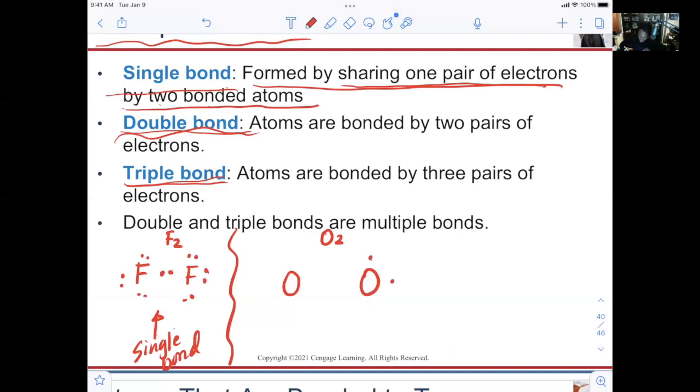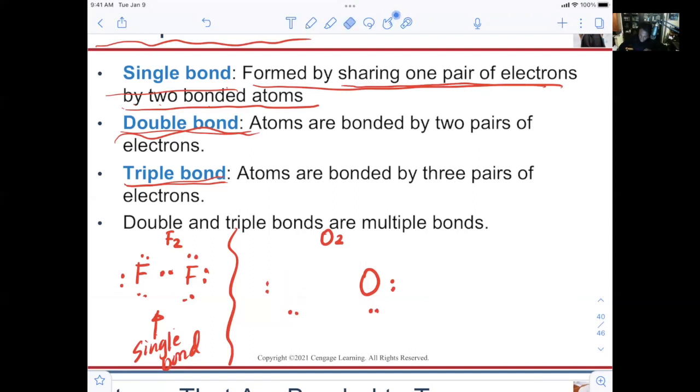Each oxygen comes into this relationship with 6 electrons, right? Because oxygen is in group 6. So I've got 4, 5, 6, 4, 5, 6, right? 6 on the right, 6 on the left. And you can see each oxygen currently has 2 unpaired electrons. Those unpaired electrons pair. So I'm going to redraw them in such a way that they can pair with each other.